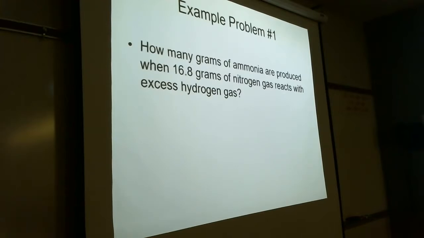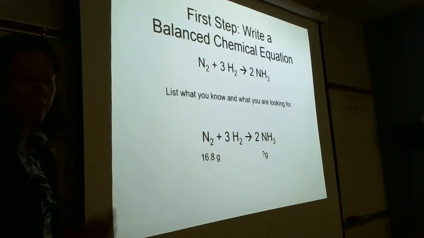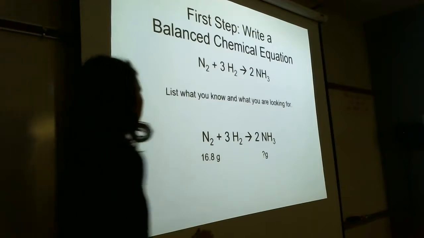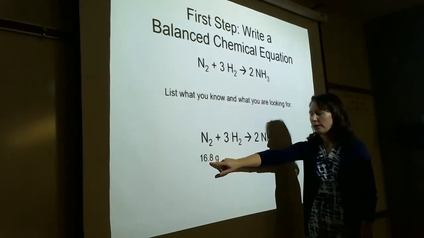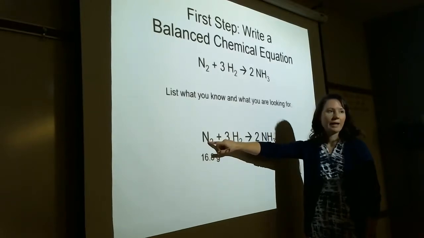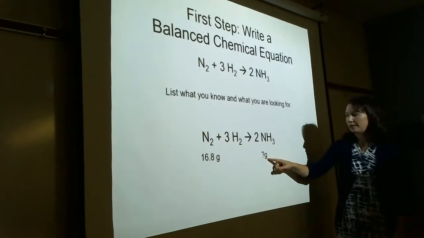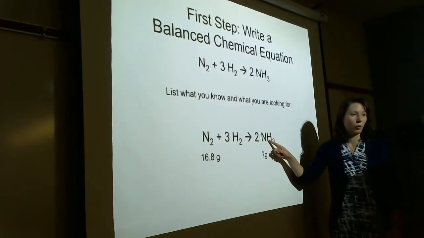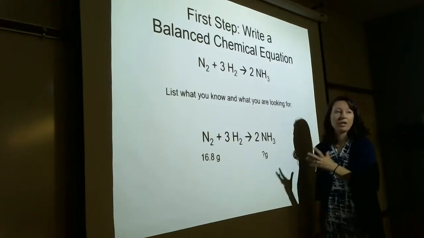So let's go through the process. All right, we write our balanced equation. Now here's what I recommend that you do. I really recommend that you list the mass that you were given in the problem underneath that substance, and then put a question mark with units under the substance you're looking for. That way it organizes everything visually for you.